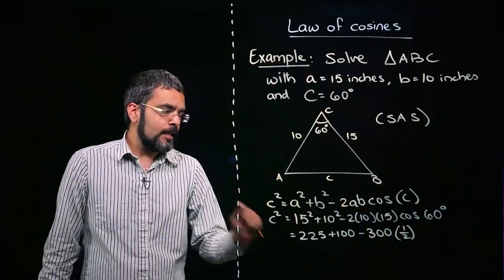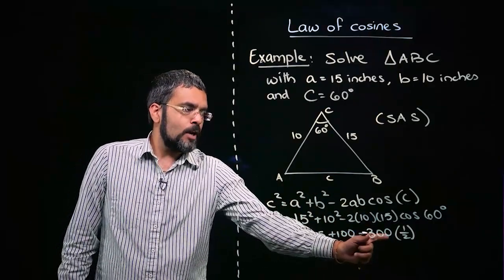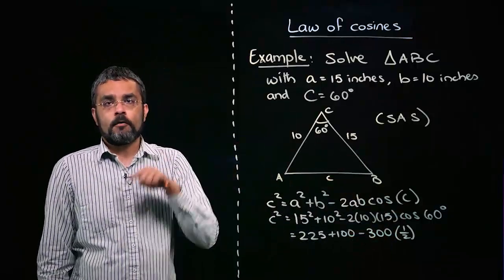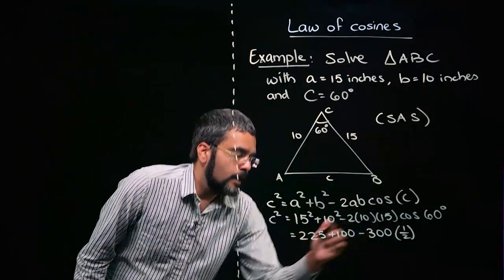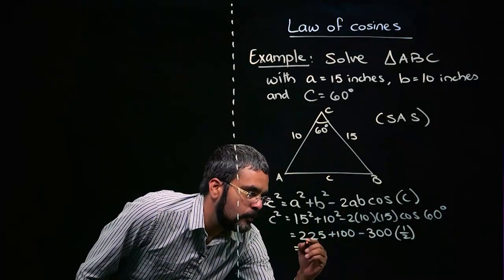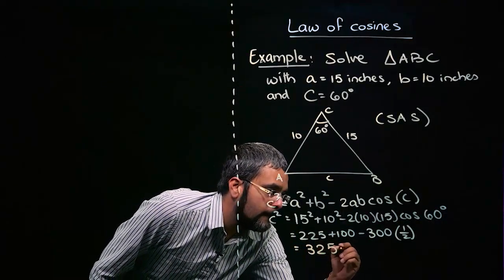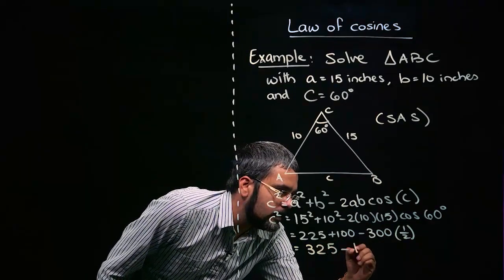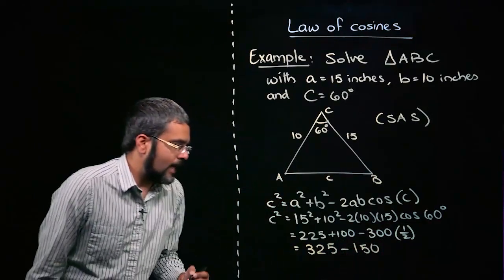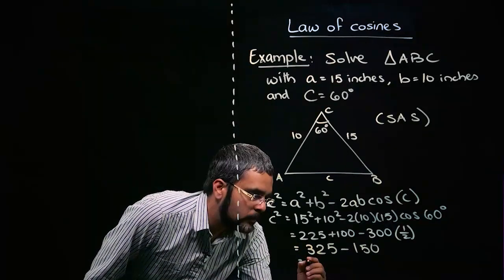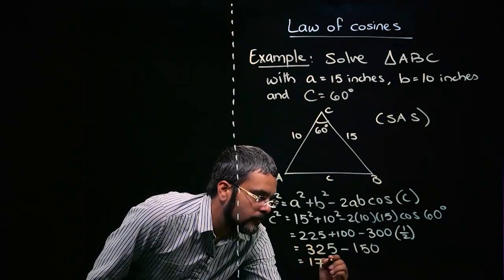A common mistake here is people end up adding these two and then subtracting 300 and then dividing by a half, right? That doesn't follow your order of operations. So this is going to be 325 minus, remember, this is 150, and that gives me about 175.